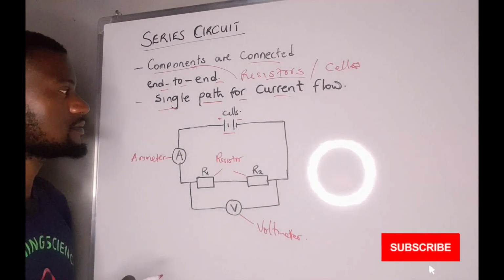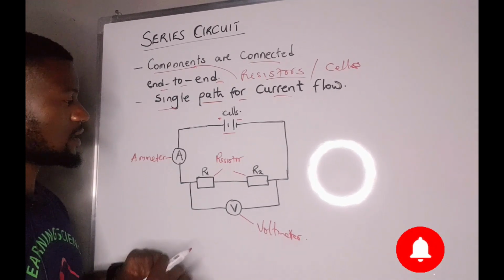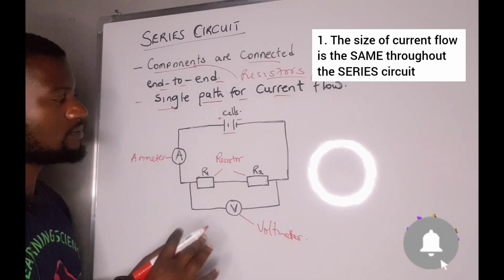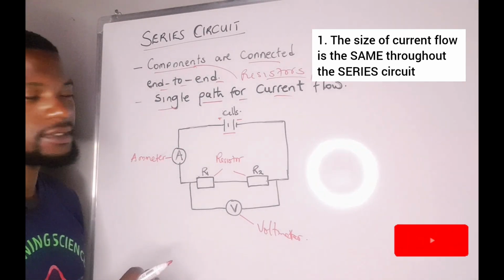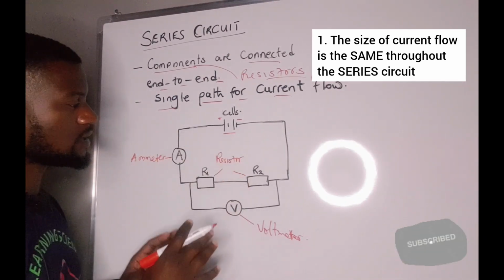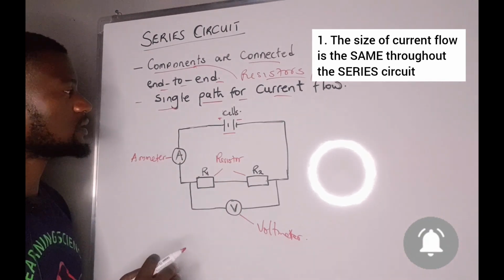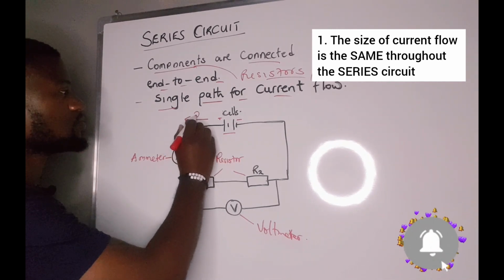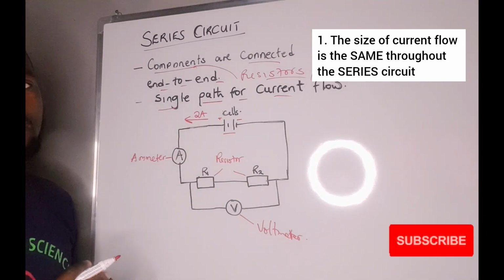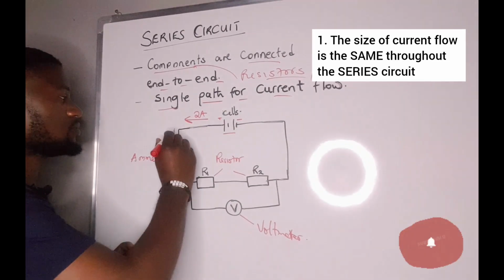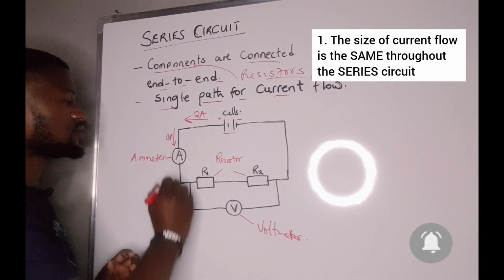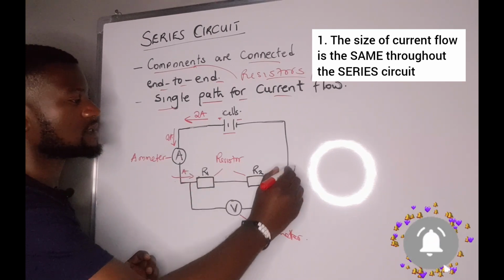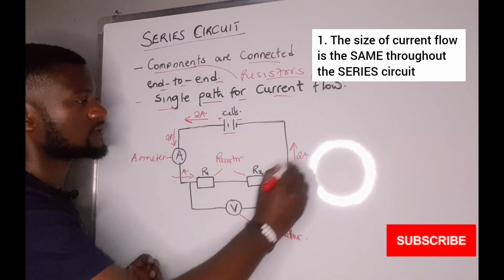There are three important rules that you have to understand whenever you're dealing with a series circuit. Rule number one is that the current flowing through the conductor is the same at all points. For example, if we have a current of 2 amps flowing in this conductor, we'll have 2 amps at this point, 2 amps there, and even as it leaves the other side, we are going to have 2 amps.